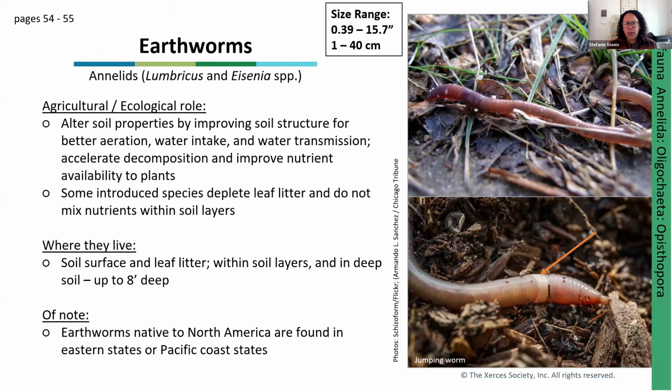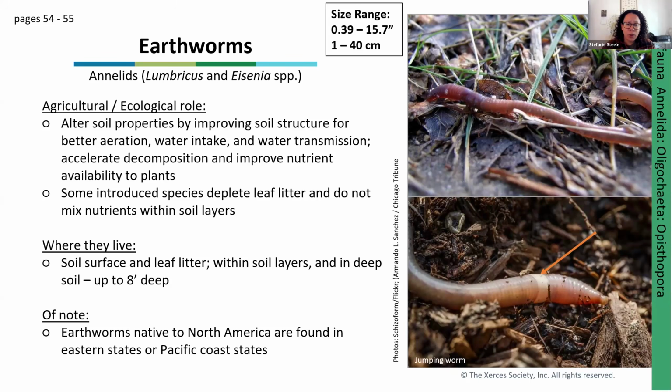The earthworms will burrow within the soil. I'm sure we know this, but as they're doing this, they're also consuming leaf litter and the soil itself. Through this work, they can improve the soil porosity and increase water filtration. And thus, they're also increasing the nutrient transformation happening within the soil.